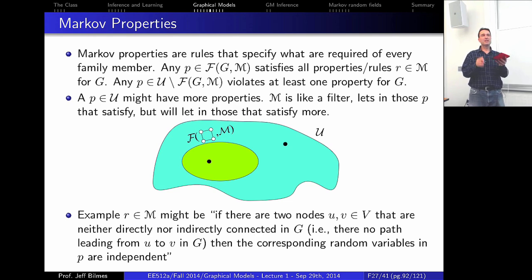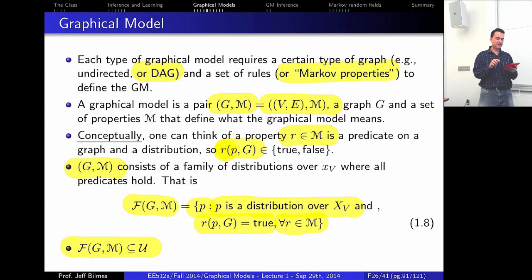But what I mean by this being conceptual is that it's not as if M is a massive list of properties, and when a new graph comes along, you'd go through this list and make sure every one of these properties is true. In fact, in some cases, one can show that you have an exponential number of things that need to be specified, like conditional independence properties themselves. Sometimes you would need to specify and verify an exponential number of predicates.